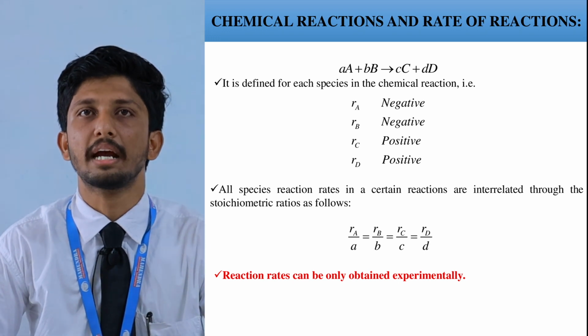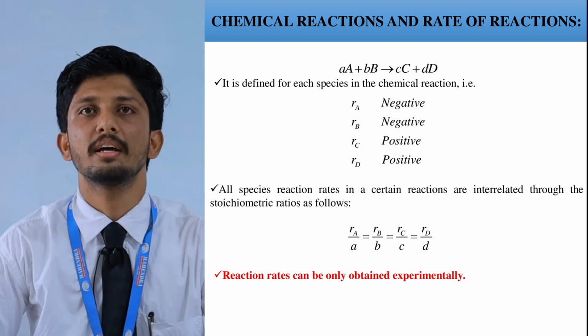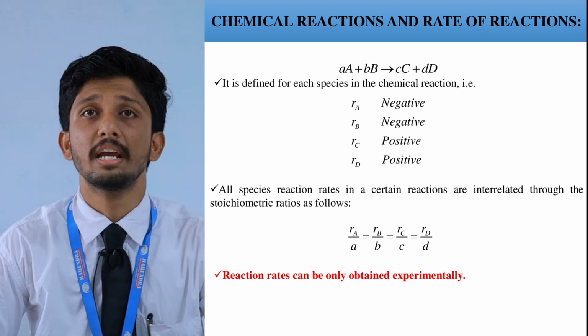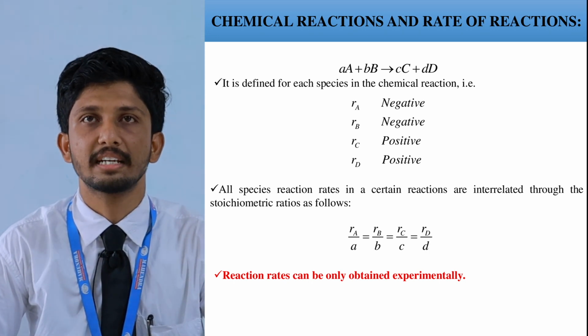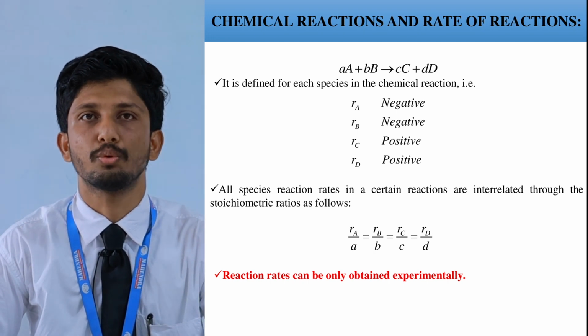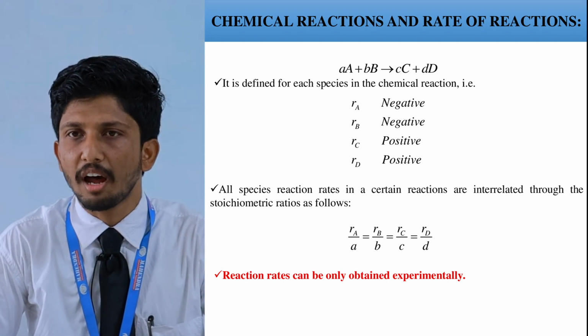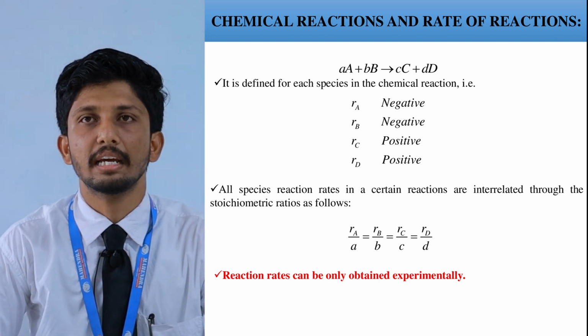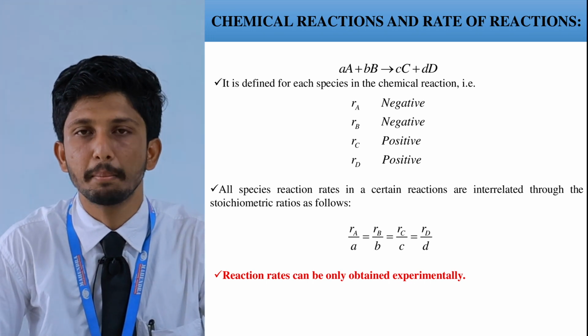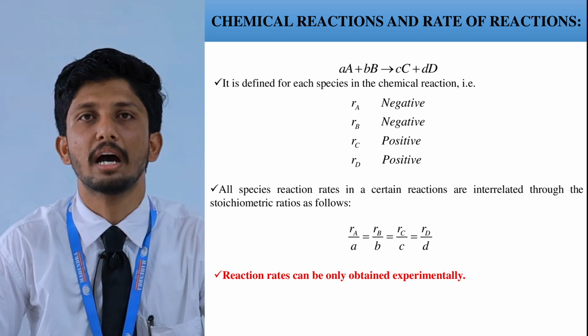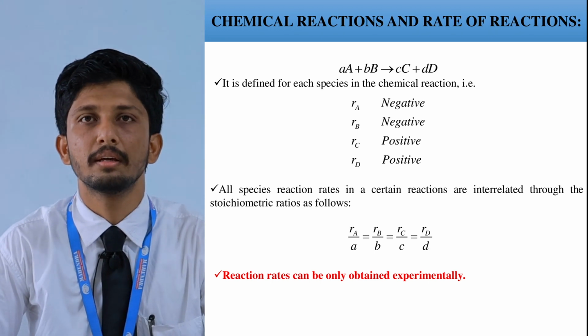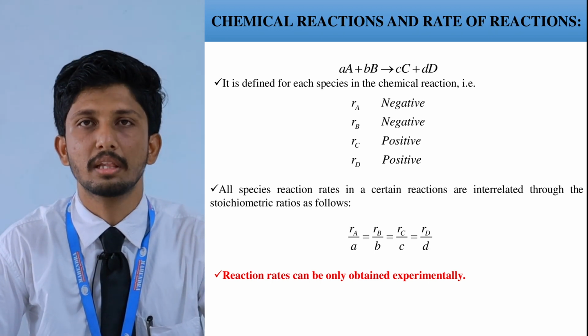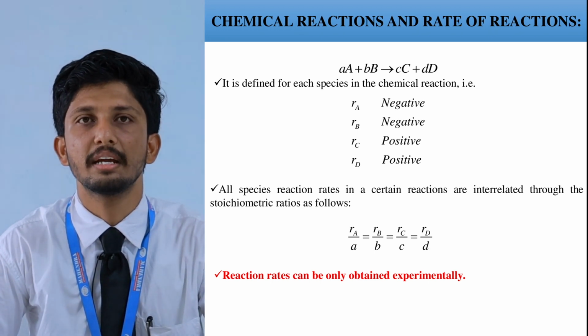Similarly, B is a reactant species and its rate is also negative, whereas the reaction rates of C and D are positive. The reaction rates of all species in a certain reaction are correlated through stoichiometric ratios, that is r_A by a is equal to r_B by b is equal to r_C by c is equal to r_D by d.